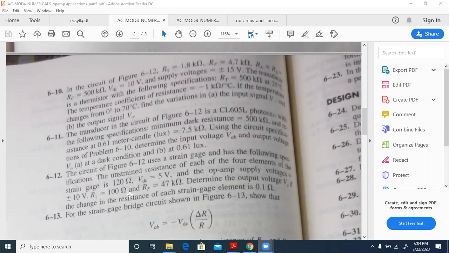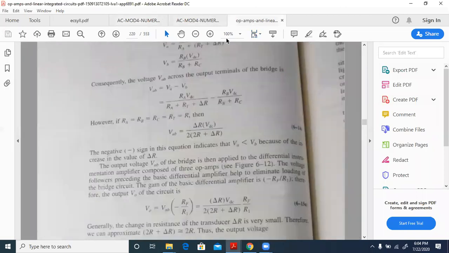R1 equal to 100 ohms, RF equal to 47 kilo ohms. Determine the output voltage V0 if the change in the resistance of each of these strain gauge elements is 0.1 ohm.